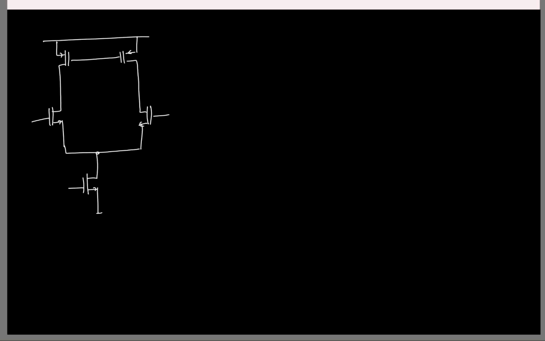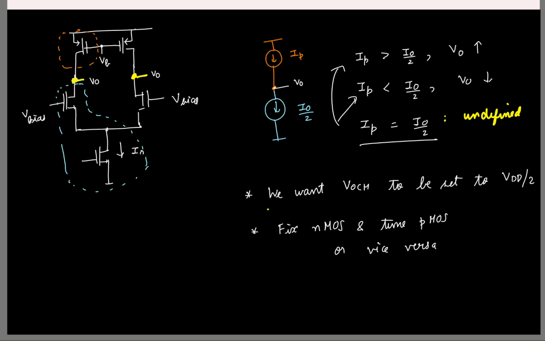Okay, so now our goal is to set the common mode at the output to some value, say VDD by 2, and let's say we do it by fixing the NMOS current source and tuning the PMOS current. This is the approach we are going to take.